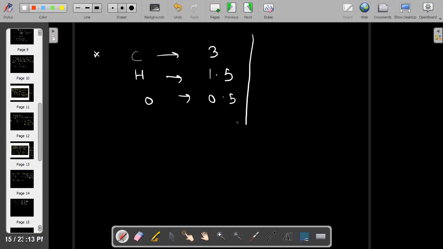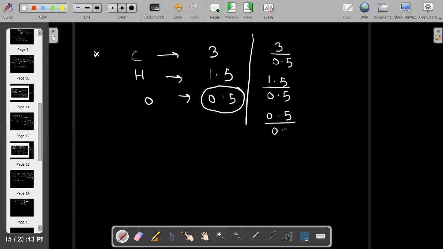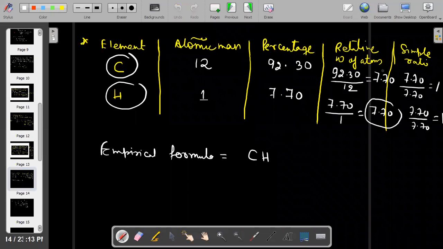How to find the simplest ratio? You have to pick the smallest number, which is 0.5. So divide 3 by 0.5, 1.5 by 0.5, and 0.5 by 0.5. In the earlier question both were the same, so we divided by the same.